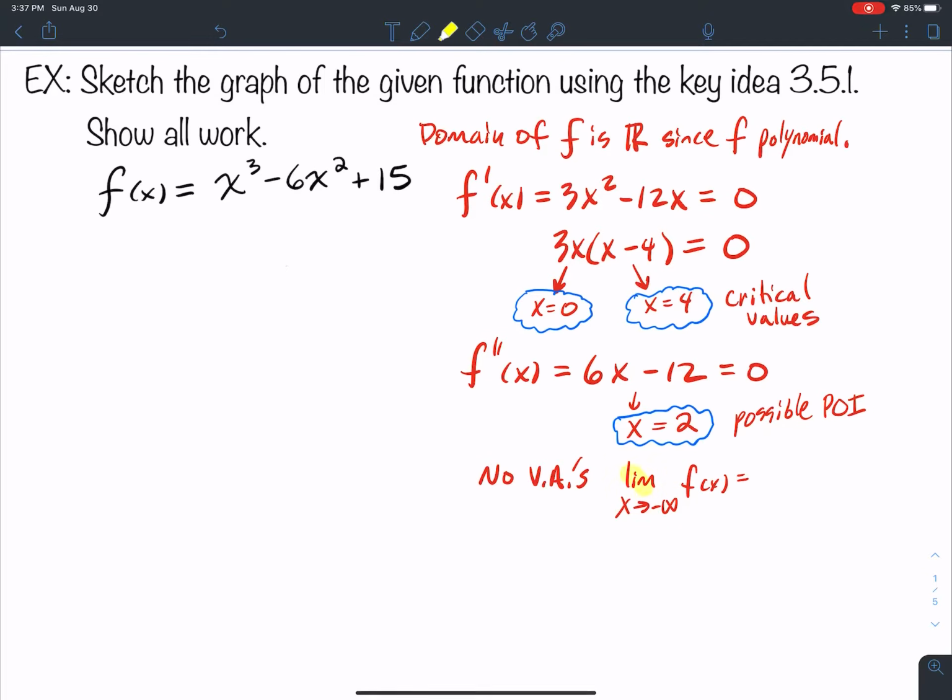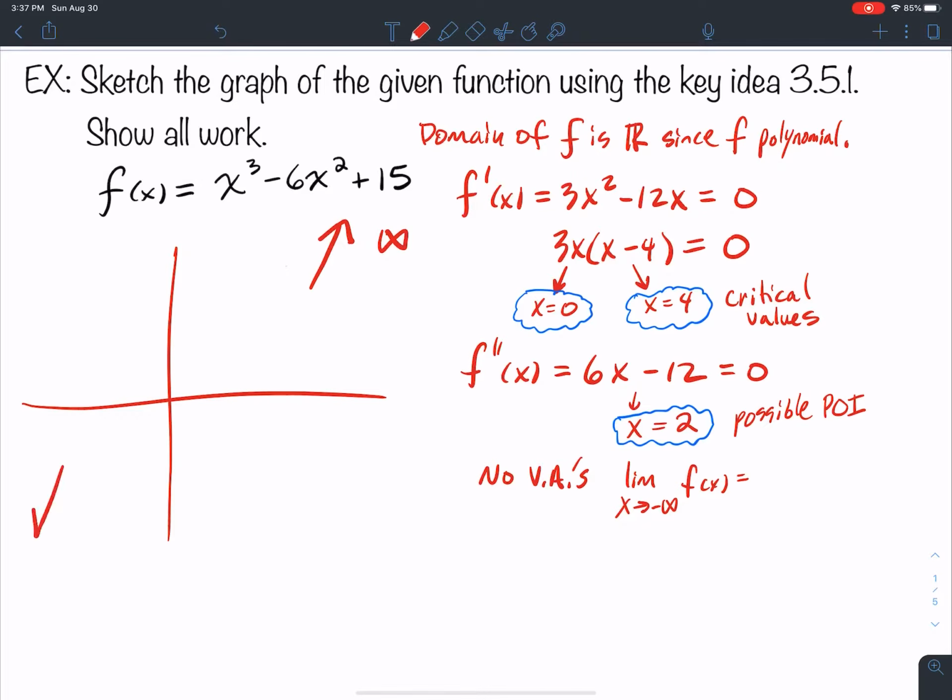Well, I need to take the limit as x goes to negative infinity. Let's think about the cubic. All that matters is the degree of the term, which is 3, and then the coefficient in front, which is positive 1. So from college algebra, you learned that for cubics with a positive lead coefficient, right-hand behavior goes up to positive infinity, left-hand behavior goes down to negative infinity. So this is the left-hand behavior.